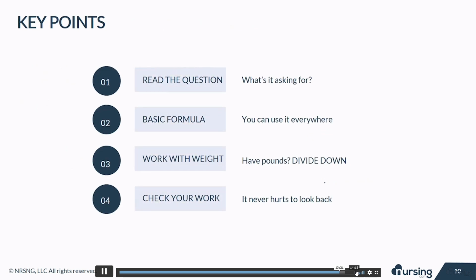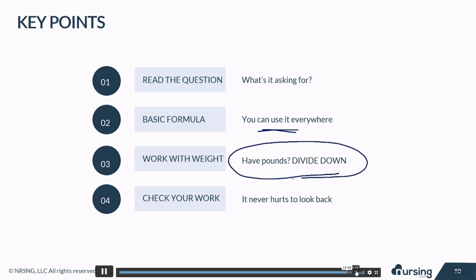So some quick key points to review. Remember to always read the question and be sure you understand what it's asking for so you have your goal set. The basic formula can be used pretty much everywhere at some point. Now understand what numbers you should be using. When you work with weight, the one thing you can count on is converting pounds and kilograms.